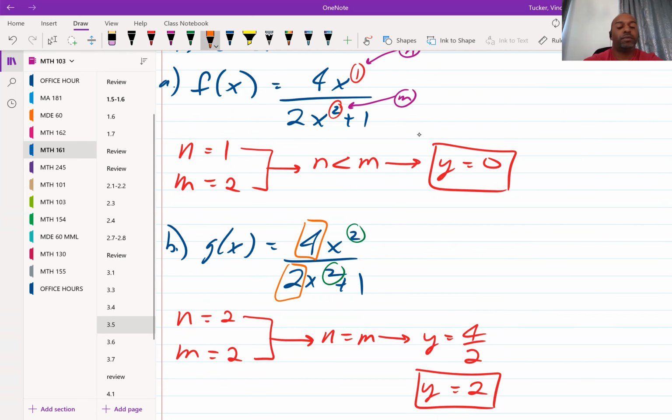So y is equal to 2. All right, questions, any questions?